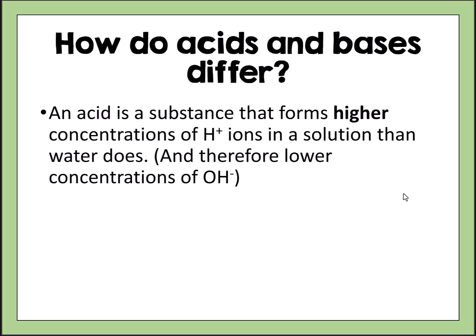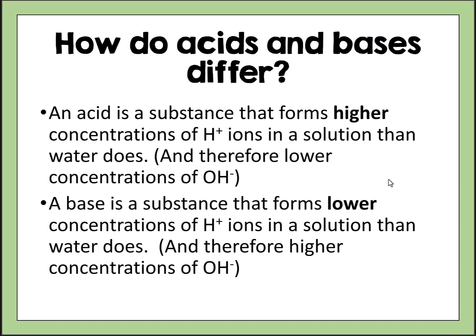For example, HCl is a combination of a hydrogen and a chlorine atom that forms hydrochloric acid. And so because when that breaks apart in water, it forms a lot of hydrogen ions and no hydroxide ions, it's going to be considered an acid.